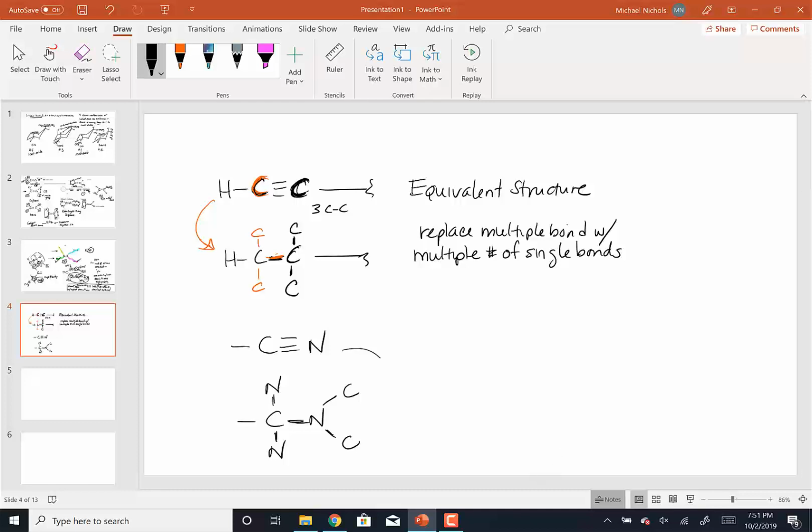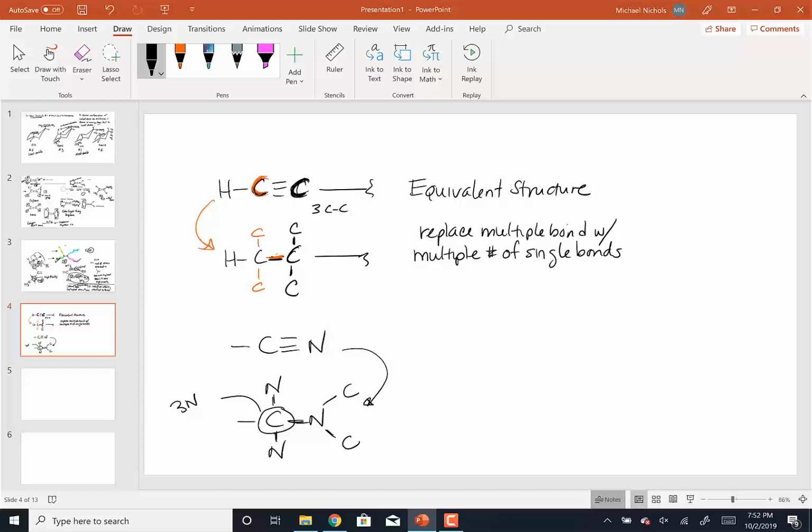So this would be the equivalent structure of a C triple bond N group. This carbon, if we were to evaluate it, would have 3 N's attached to it. Again, this has no physical or chemical reality. This is just what Cahn, Ingold, and Prelog came up with in order to have rules to handle the multiple bonds as well as the whole series of sequence rules.